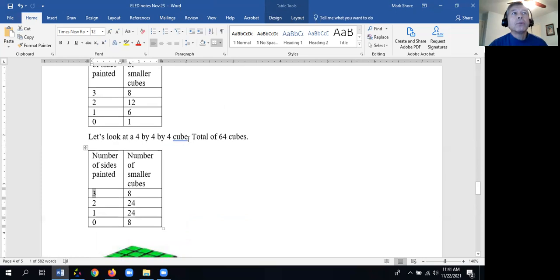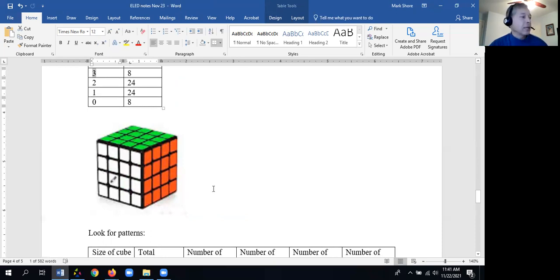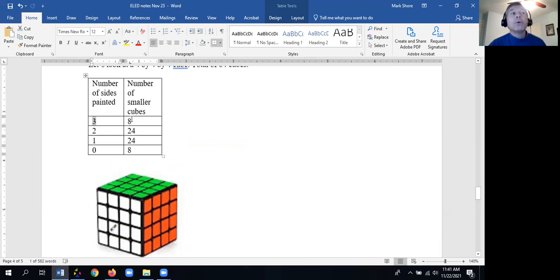Well, first of all, the total number of cubes on a 4x4x4 is going to be 64 cubes. 4 cubed, 4 times 4 times 4 is 64. So there's 64 cubes here, and there's 64 cubes here on this one. So we can look at both. How many have 3 sides painted? Well, again, it's just the corners. Each corner has 3 sides painted, and it remains that there are 8 corners, the top 4 and the bottom 4.